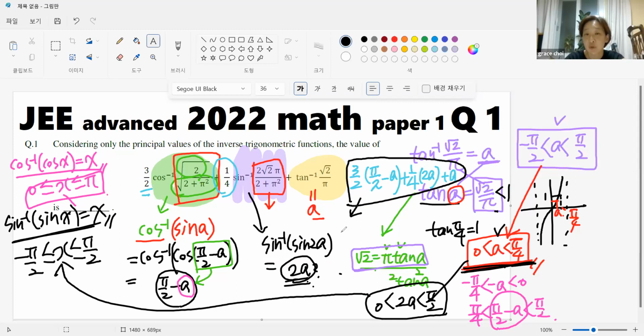And then distribute: 3 pi over 4 minus 3 over 2 A plus 1 over 2 A plus A. Amazing. They cancel out, erased permanently. Bye-bye. So the final answer is 3 pi over 4.